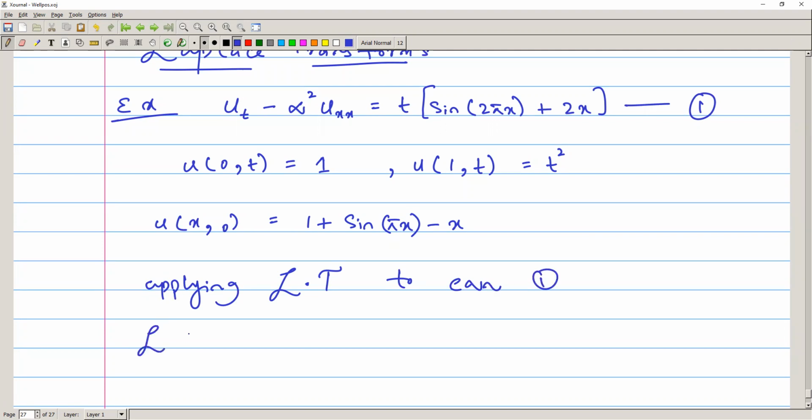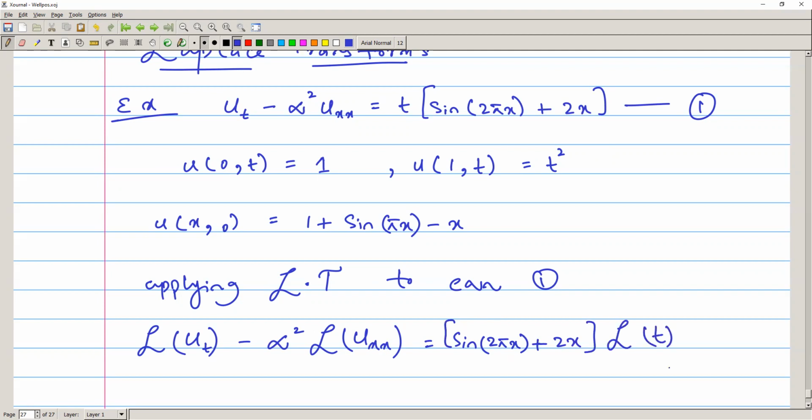Therefore, Laplace of u_t minus alpha squared Laplace of u_xx is equal to (sin 2 pi x + 2x) times the Laplace of t, right?